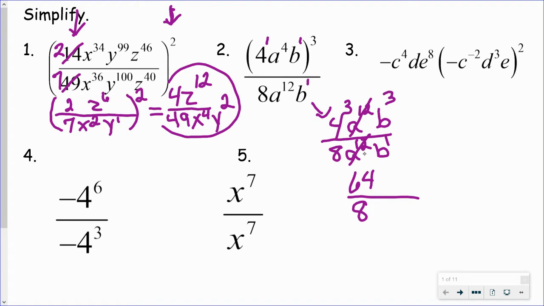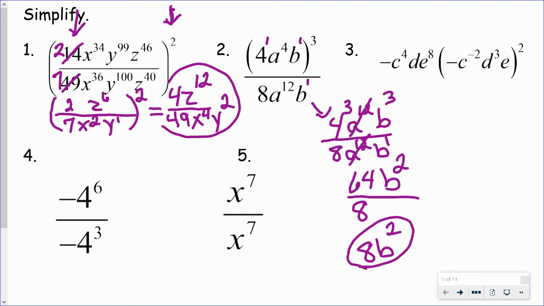And b to the third over b to the first becomes b squared. Now, simplify what is 64 over 8. That just becomes 8, and the b squared is still there. So that whole thing for number 2 becomes just 8b squared.